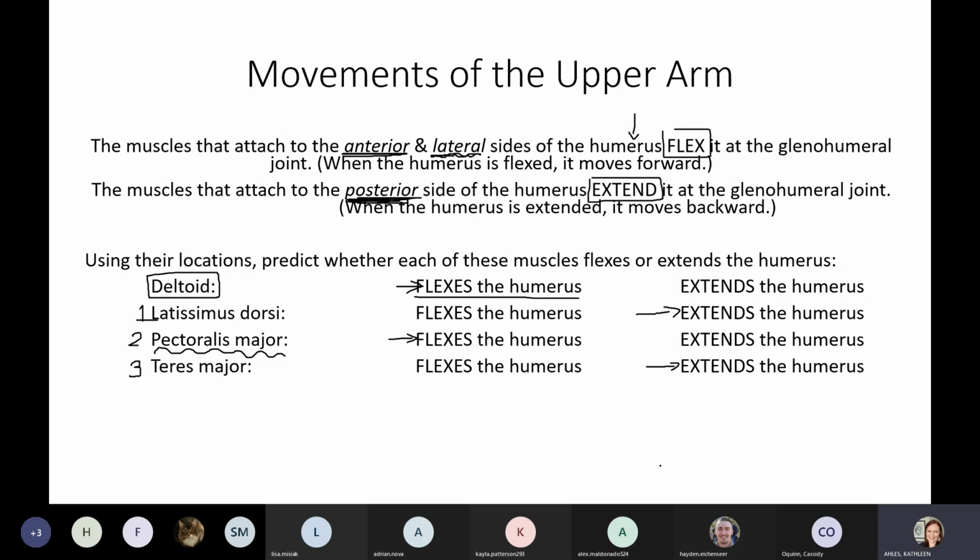So big picture, flexion means moving forward. If you live on the front, you do that. Or in the special case of the deltoid, technically it attaches on the lateral side, but that helps it to pull it forward too. If you live on the back side, you extend it and pull it backwards.